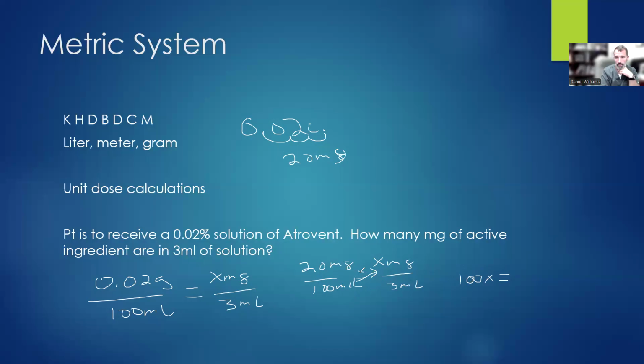So 20 milligrams times 3 is 60. Now you've got to get X by itself and divide both sides by 100. X equals 0.6. So that gives you your answer in milligrams. So the answer to that question is 0.6 milligrams.